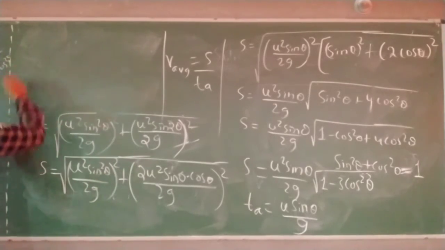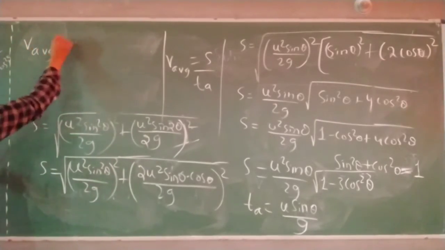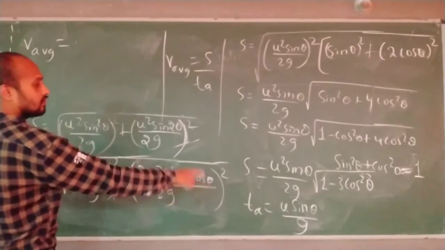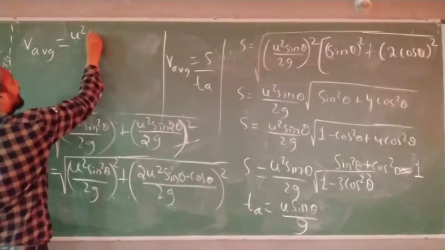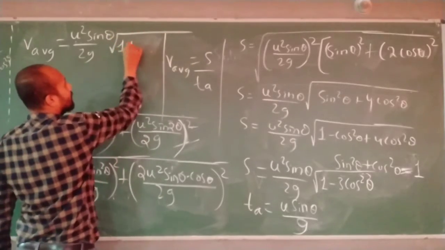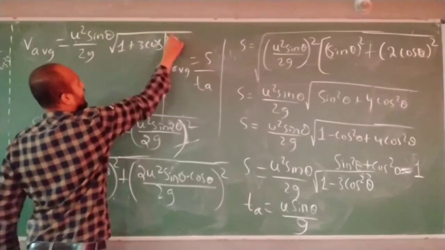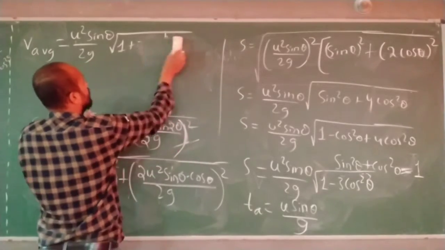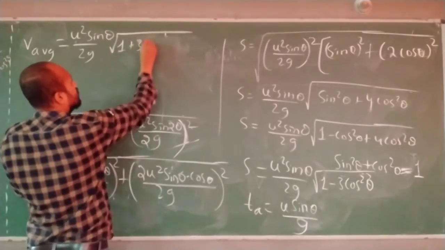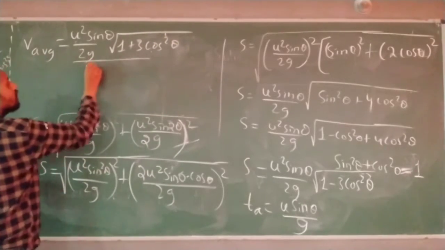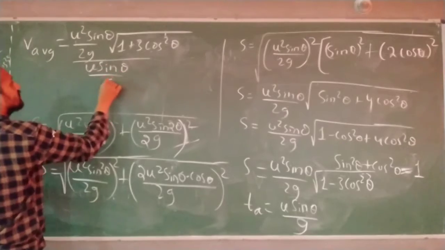V average is equal to u square sin theta by 2g into root of 1 plus 3 cos square theta, whole divided by u sin theta by g.